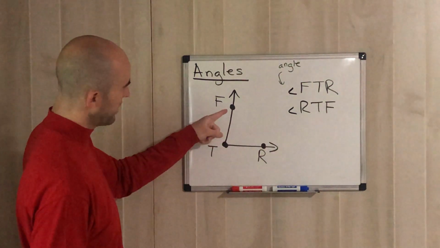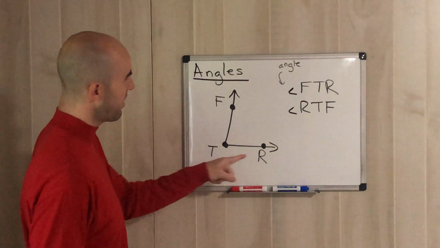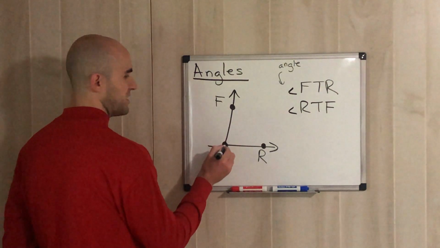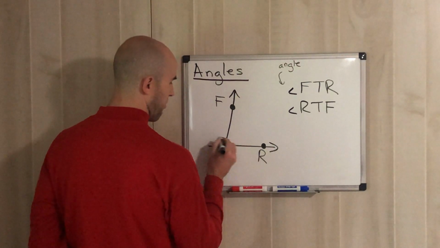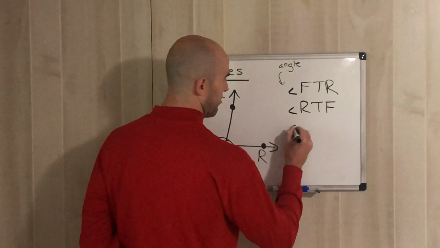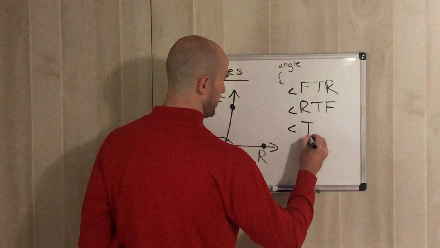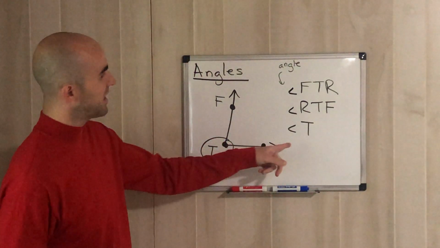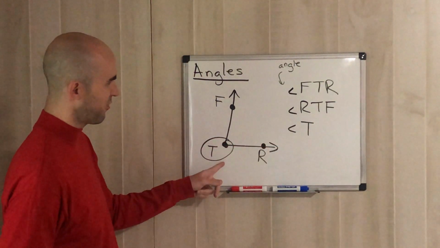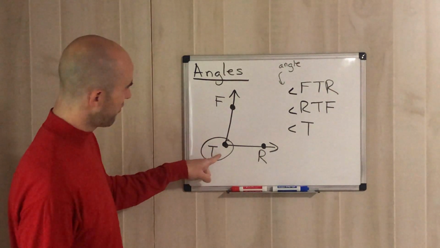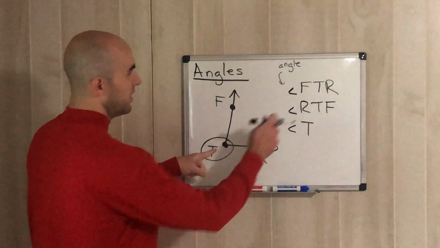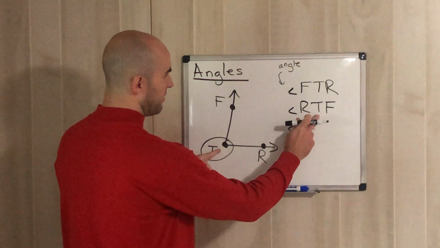Out of these three points, point F, point T, and point R, the most important point is always the vertex. So if the vertex is the most important point, always label it with that as well. We can call it just angle T. The reason we can call it angle T is because that's the vertex. Also notice, if we're labeling this right, the vertex should always be in the middle.